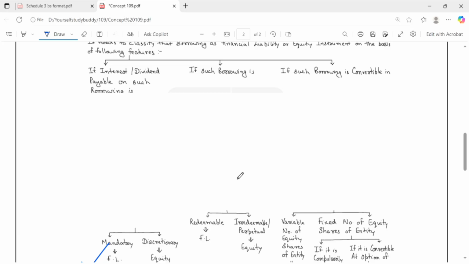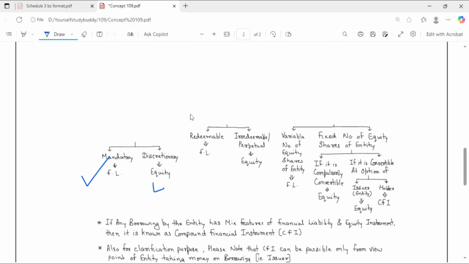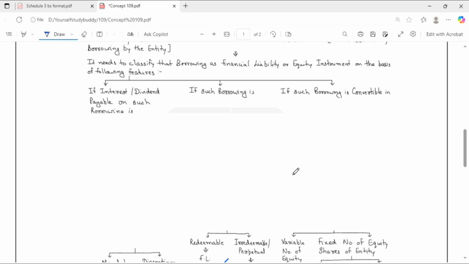Same goes when there is a redemption. Okay, so when the redemption is going to be in cash, then it will be a financial liability, but if it is irredeemable or perpetual, then we will show it as equity. Then there is a variable number of shares.